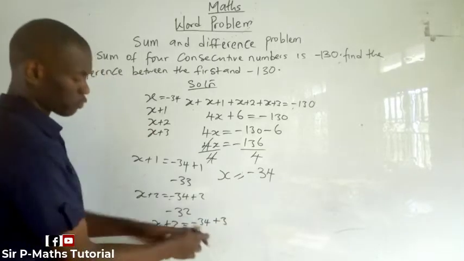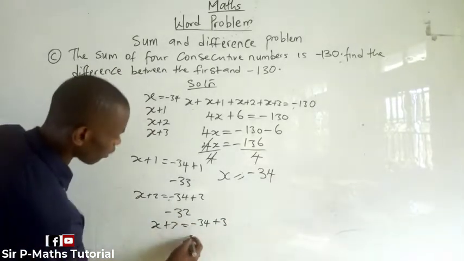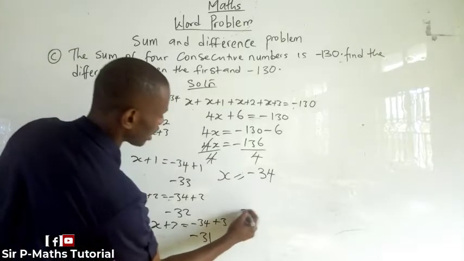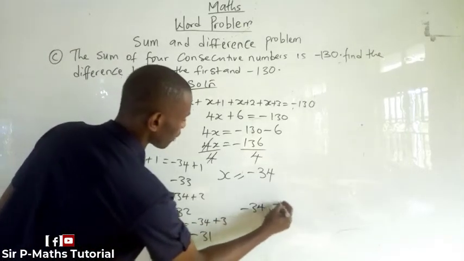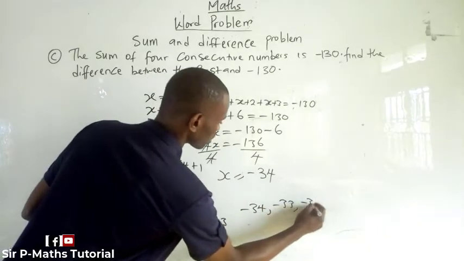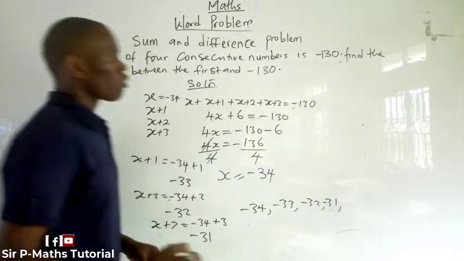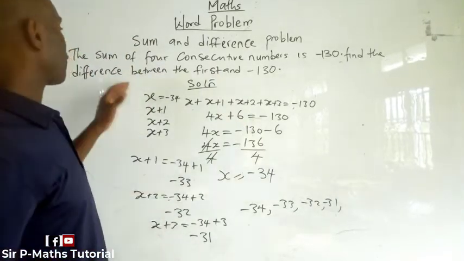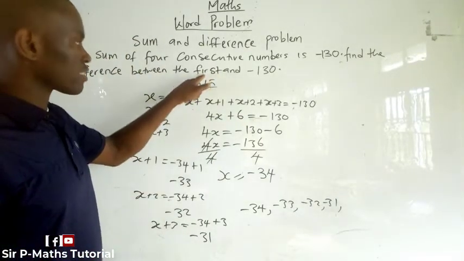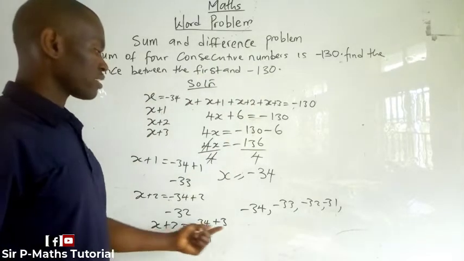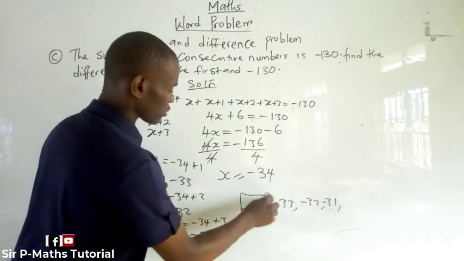If I add 34 to minus 34 to 3, I'll have minus 31. So the 4 consecutive numbers are minus 34, minus 33, minus 32, and minus 31. Okay, now the question says, find the difference between the first and minus 31. Now the first is minus 34.